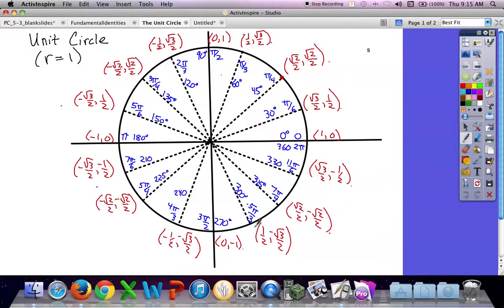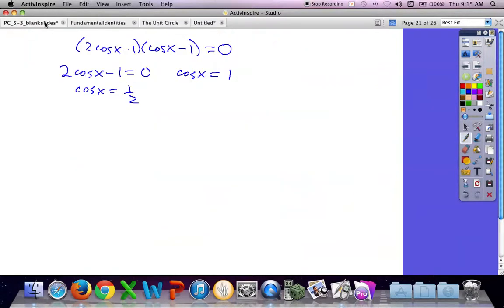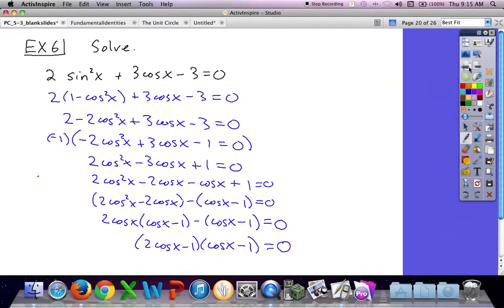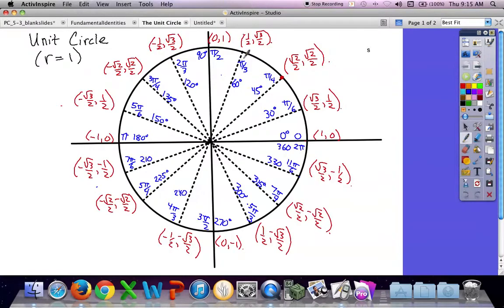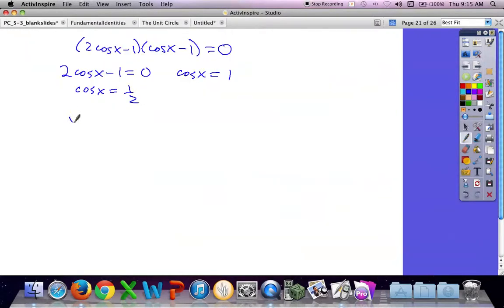And this problem, when we started it, it didn't give us a limited domain. It said just solve. We've got to find all the answers here. So we need to say for this one, for the pi over 3, which was this one right there, we're going to say x equals pi over 3 plus, and then what will we say after that?